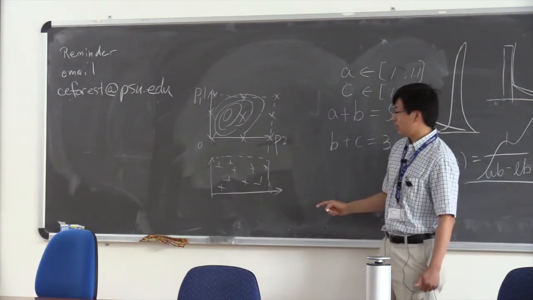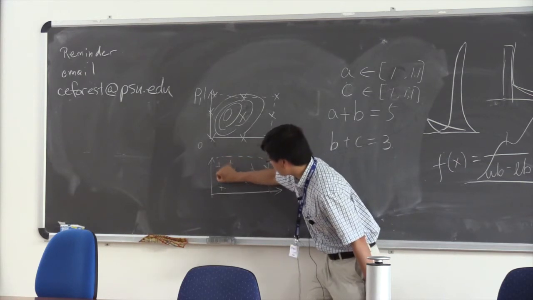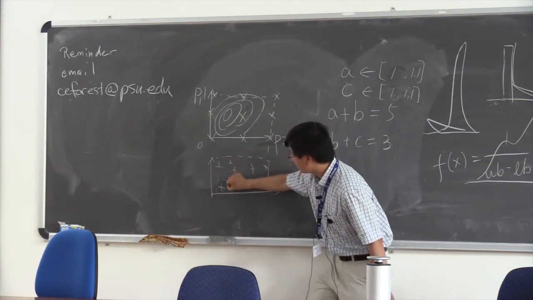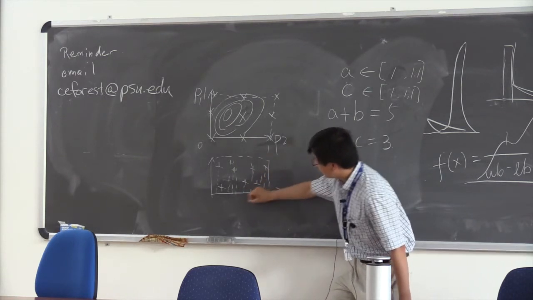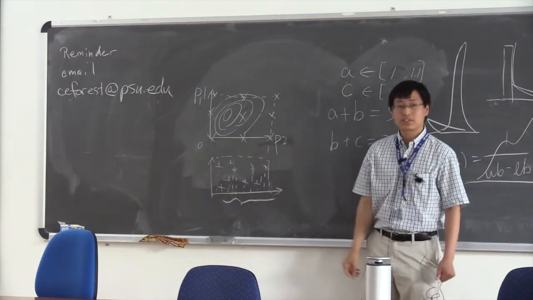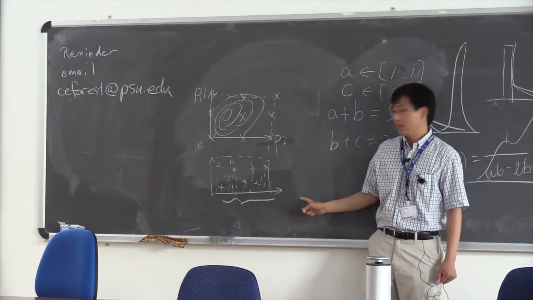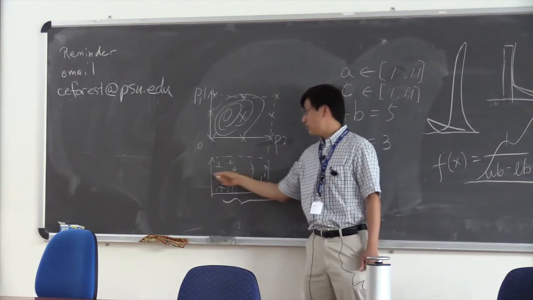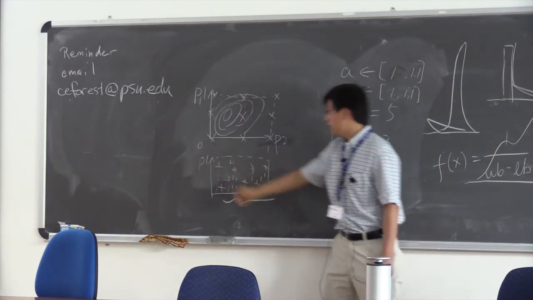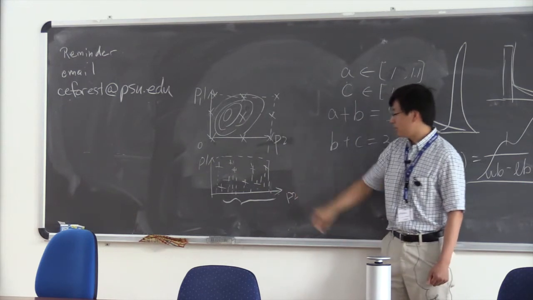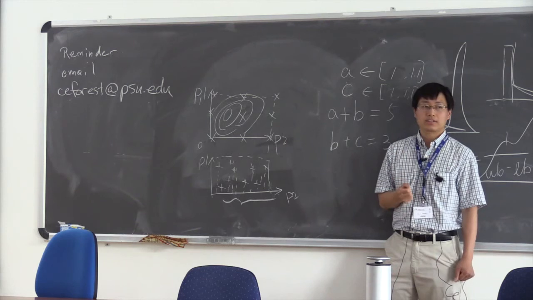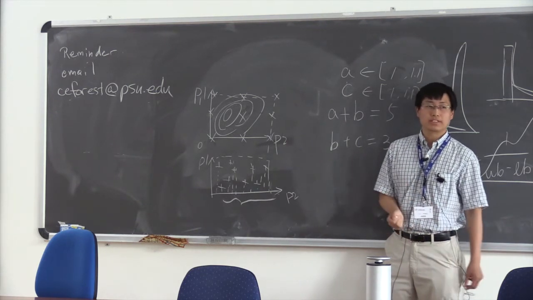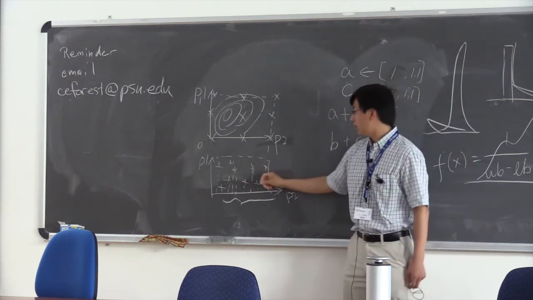What's good about it is that if you project each point onto the P1 axis, you have 9 levels of P1. And if you project the 9 points onto the other axis, you also have 9. So you are exploring 9 levels of P1 and 9 levels of P2 with only 9 points. That's the better thing about Monte Carlo.